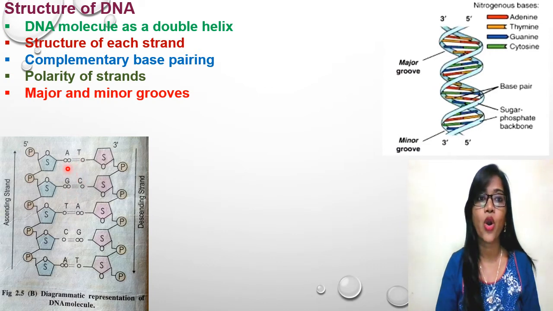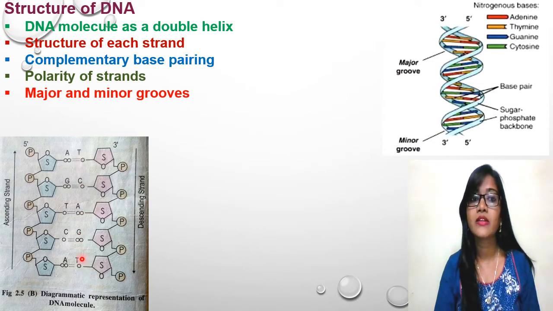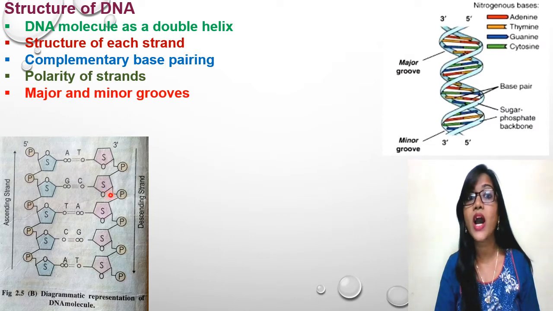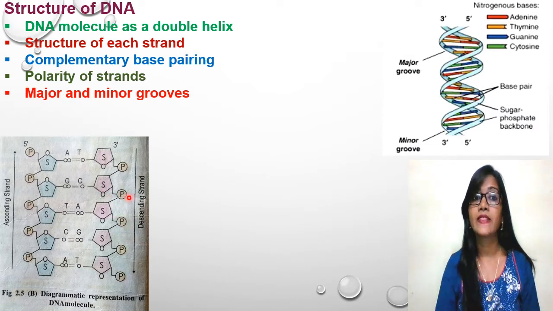There is a pairing of adenine with thymine, and guanine with cytosine. See, double bond, triple bond. Can you observe that in the diagram? Thymine is paired with adenine, cytosine is paired with guanine, and adenine again is paired with thymine. So this is the bonding. Now thymine, cytosine, adenine, guanine and thymine, these are the nitrogen bases of the other strand of the DNA, and that strand is the descending strand.